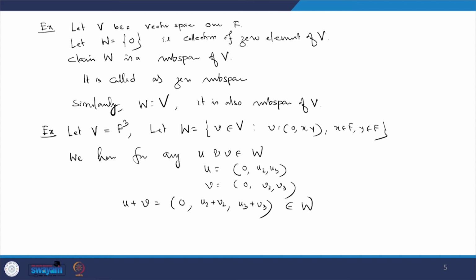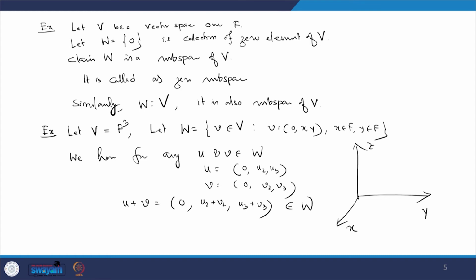So, what I mean to say is, if I consider the Euclidean space x, y, z, all the points in the Euclidean space form my given vector space V equal to F^3. Here I consider F equal to the real numbers. Now, W is the set of all points whose first entry is 0. This means it is all the points in the yz plane.